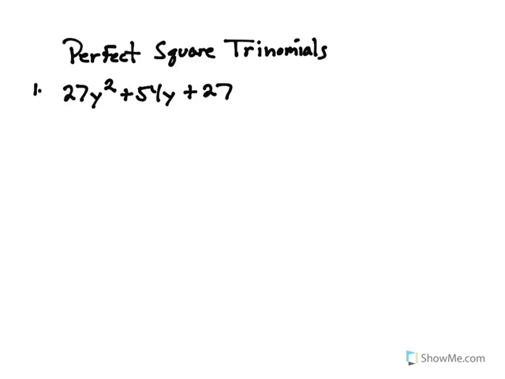Okay, so we look at this polynomial, it's a trinomial, and we want to see if there are any greatest common factors between 27, 54, and 27. And miraculously, 27 is in fact a GCF. So we're going to take out 27 and factor it out.